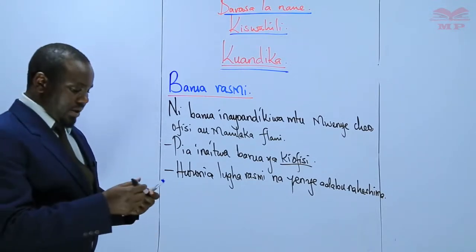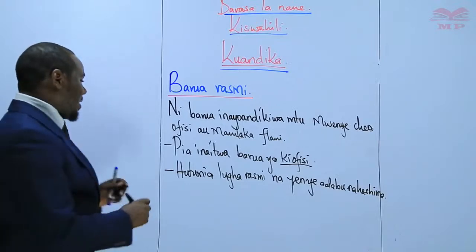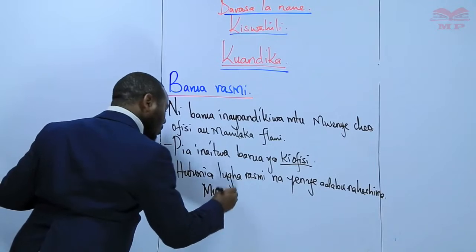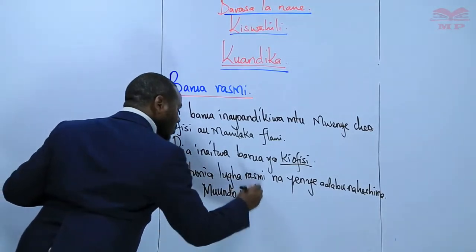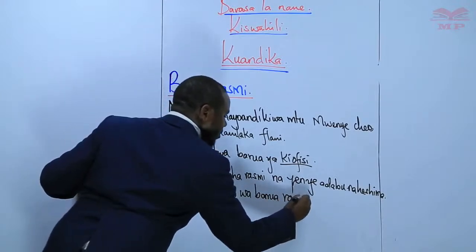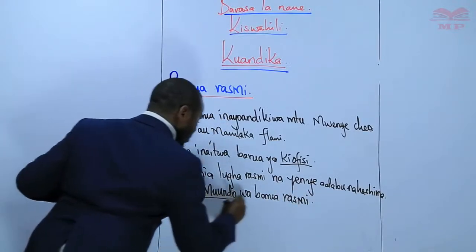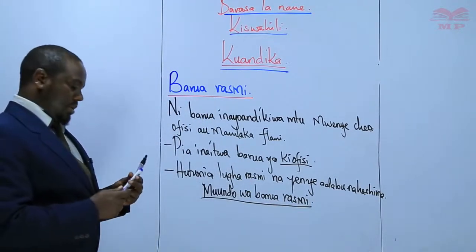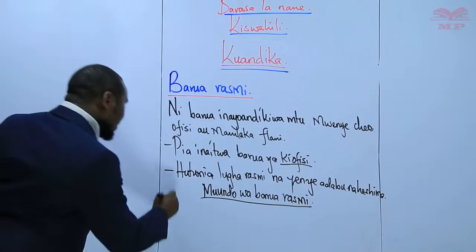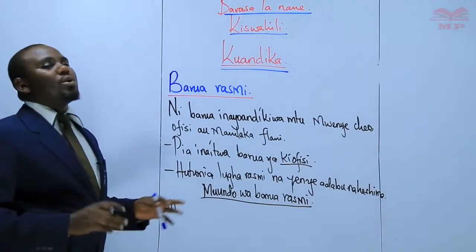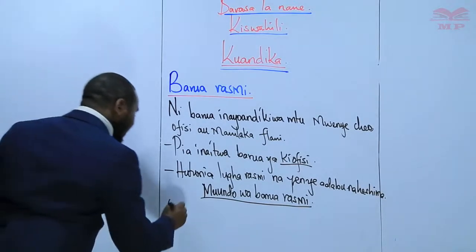Basi wacha tuangalie katika sehemu hii, tunafaa tuangalie mambo muhimu ya kuzingatia unapoandika barua hii. Mambo muhimu katika kuangalia muundo wake. Muundo wake huwa na nini? Muundo wake huwa vipi? Nambari ya kwanza kabisa, lazima barua yoyote ile iwe na anwani.